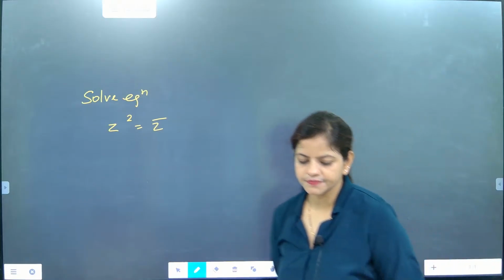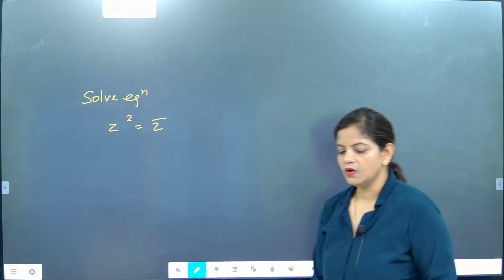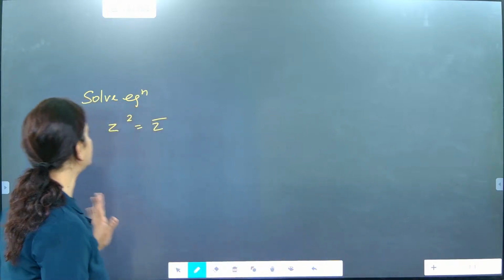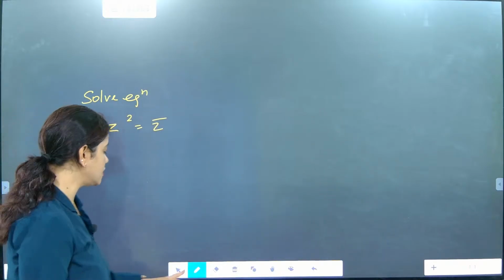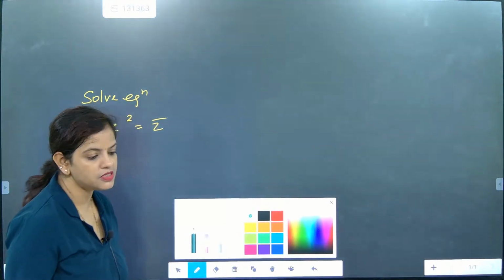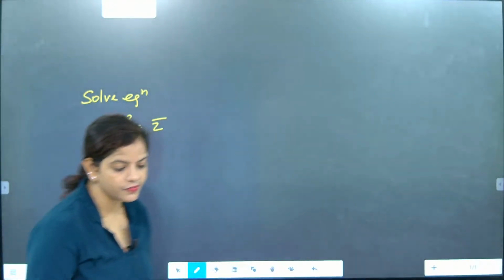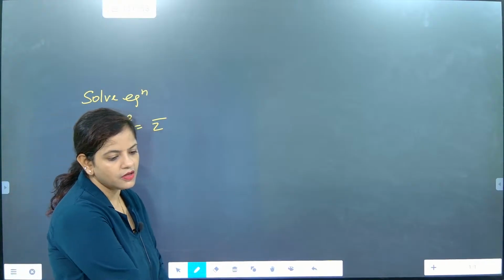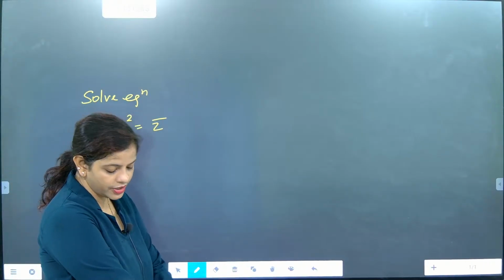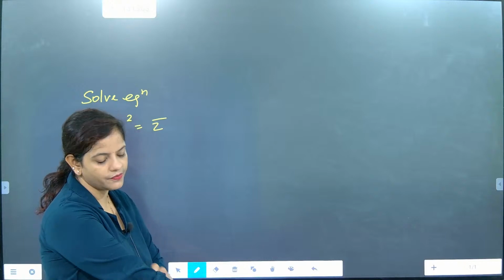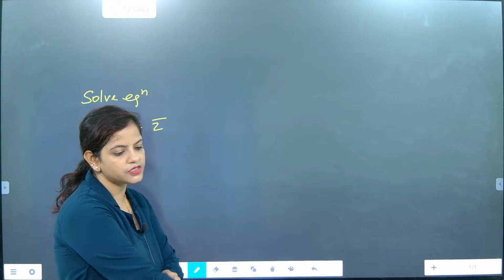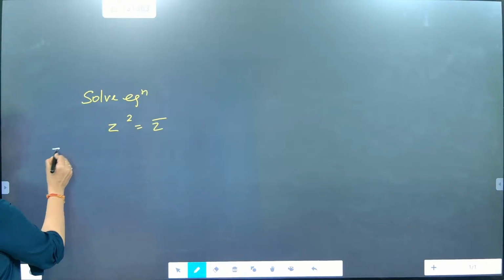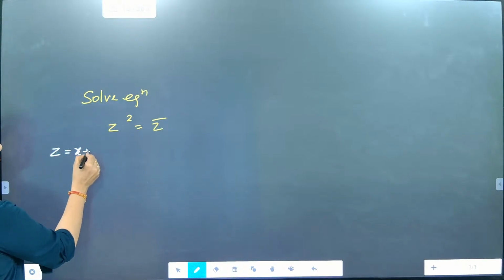Only one small cutie question will be given to you, solve the equation, and after that the entire pillar will collapse. Solve this equation means how are you going to solve this question, beta? Now look here, because once they give you a question to solve, we need to analyze it very carefully and then solve it, beta. Now look here, for solving this question, what all things do we need here, just check. Only one word. Take z is equal to x plus iy.